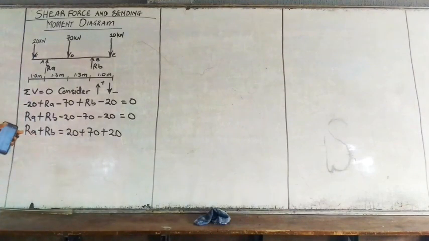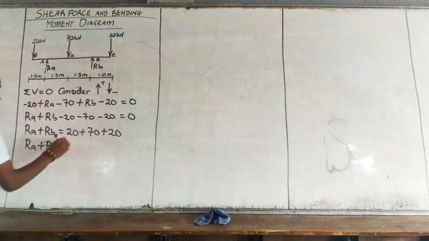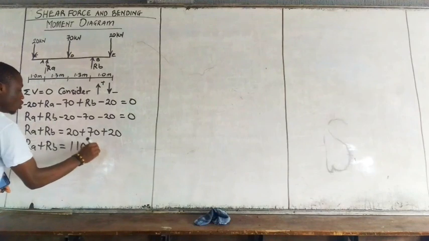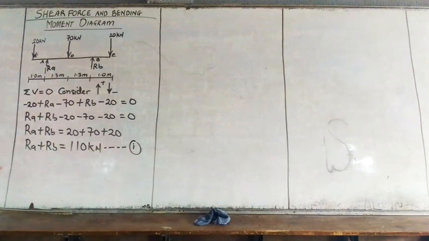If I sum this, I have RA plus RB is equal to 110 kilonewtons. I will call this equation 1.